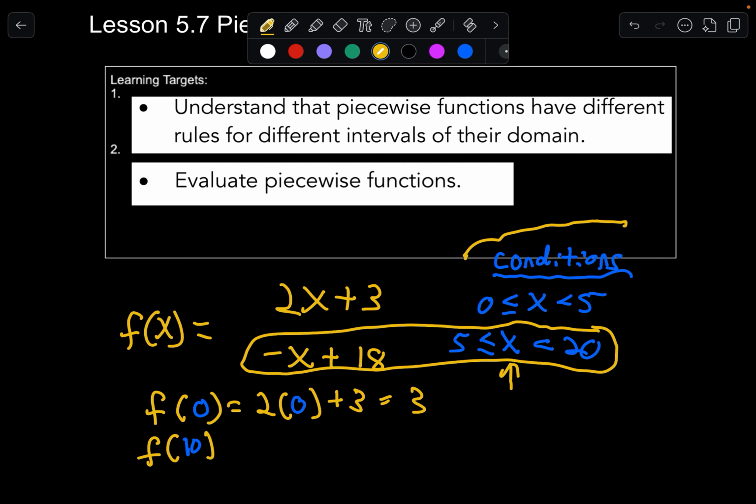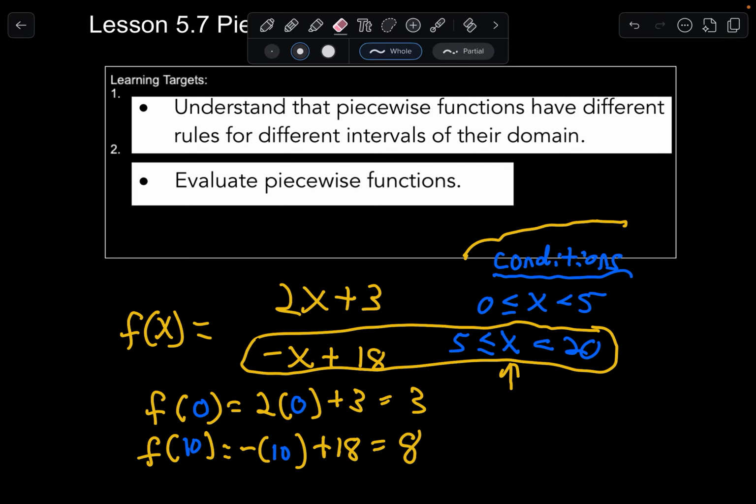So this is going to equal negative 10, since it's negative x, and then plus 18. So negative 10 plus 18, that's 8. But that's how you basically evaluate piecewise defined functions.